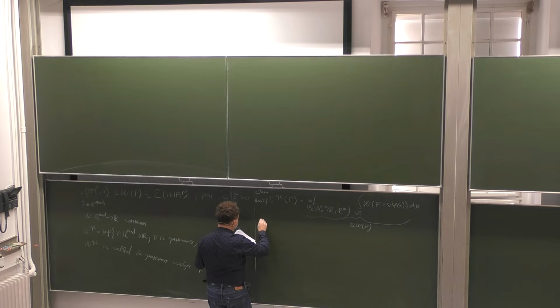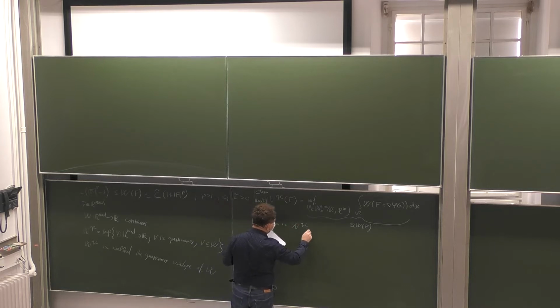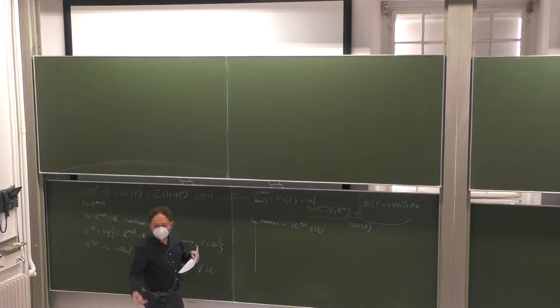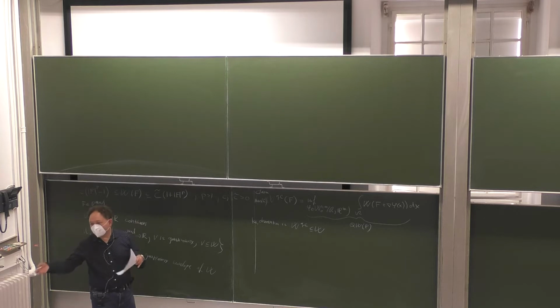So the first observation is that WQC is smaller or equal than W, because it's a supremum of all quasi-convex functions below, so it cannot be bigger.